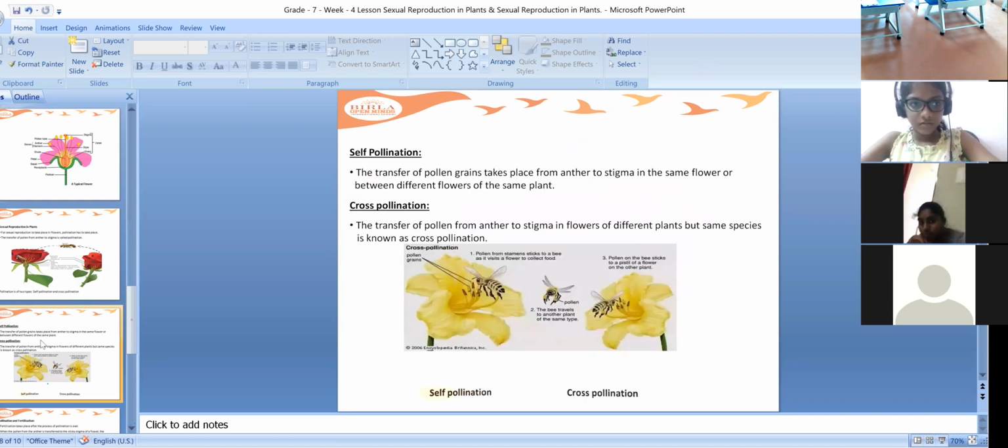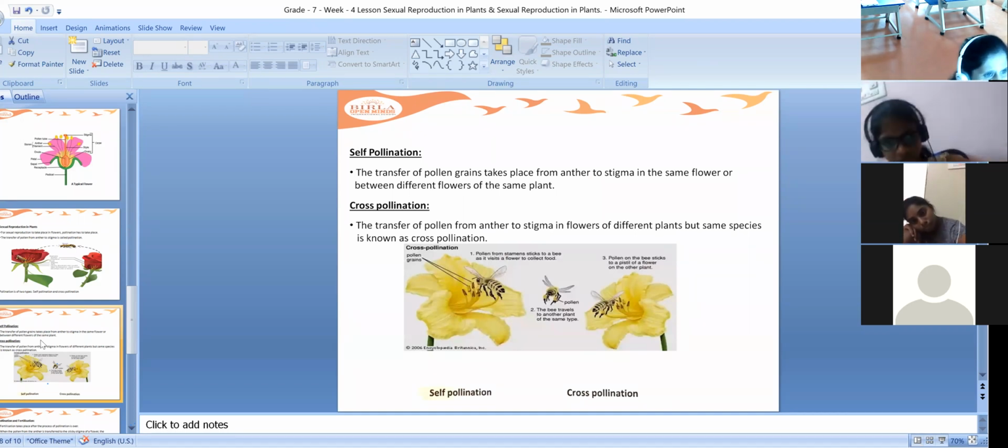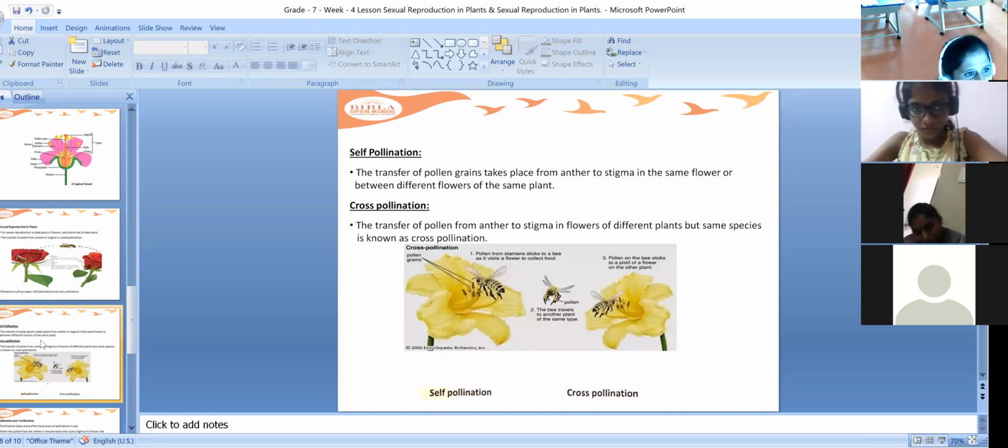So in this self-pollination, in some cases only the transfer of anther to stigma takes place in the same flower. It doesn't take place in different flowers, but it can take place in different flowers of the same plant.